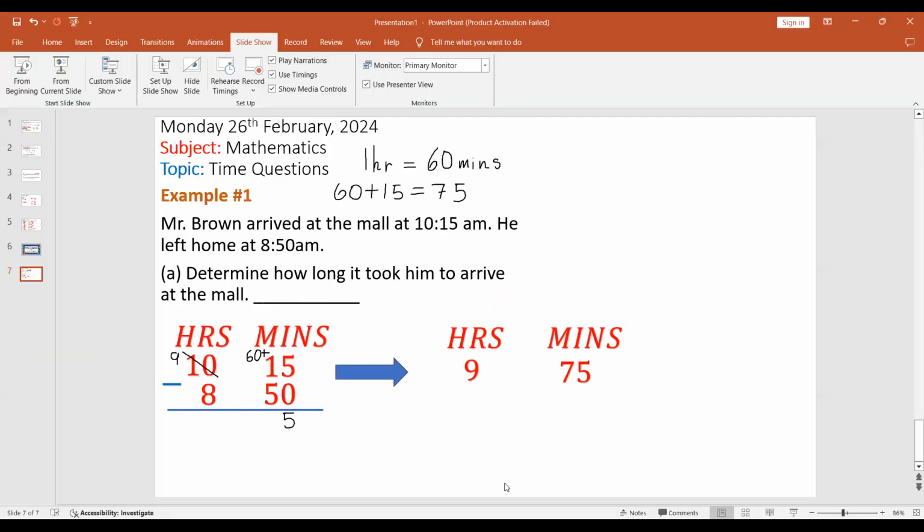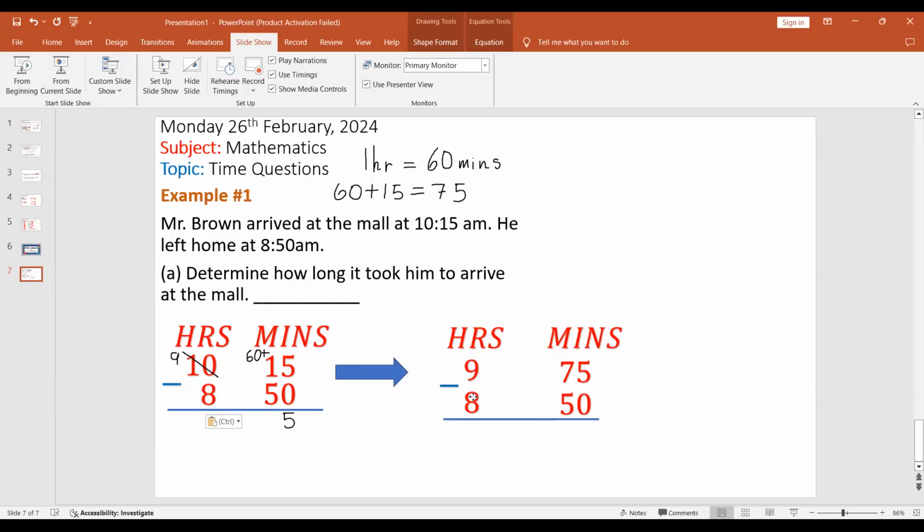Okay, now we have to subtract, right? So we still have 8 hours, and that stays the same. And we still have 15 minutes. That doesn't change. But what we're going to do is subtract them. Let's subtract.